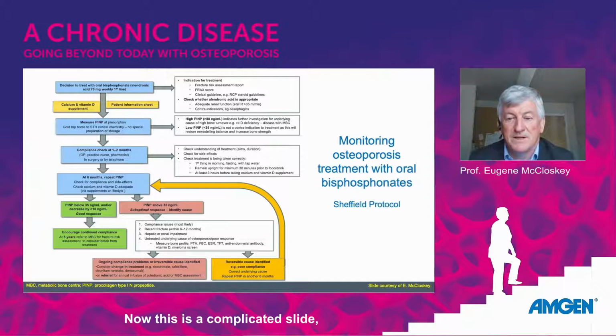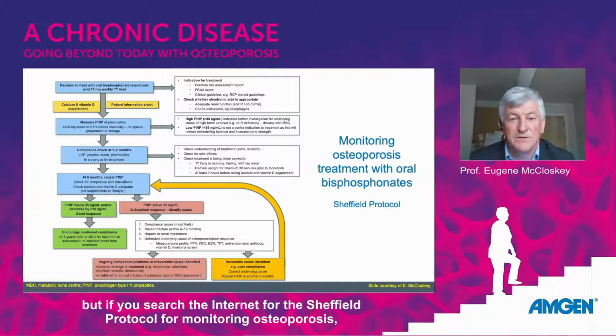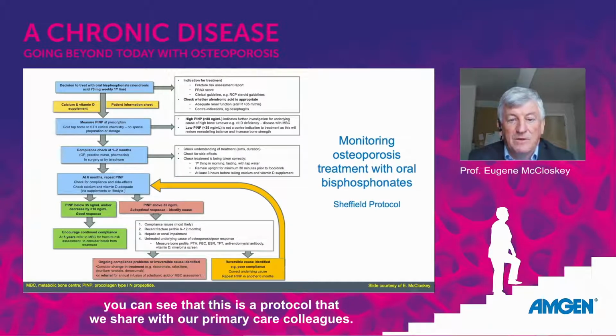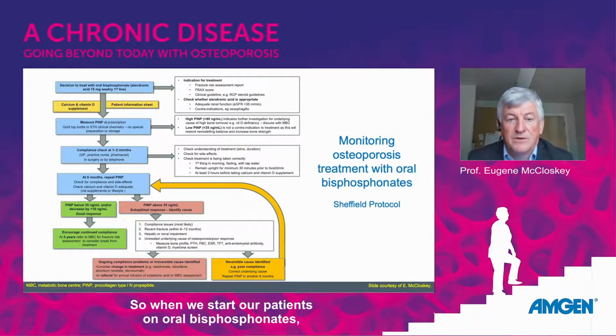This is a complicated slide, but if you search the internet for the Sheffield protocol for monitoring osteoporosis, you can see that this is a protocol that we share with our primary care colleagues. So when we start our patients on oral bisphosphonates, we measure P1NP at the outset of treatment, and then we measure P1NP again at 6 months on treatment.